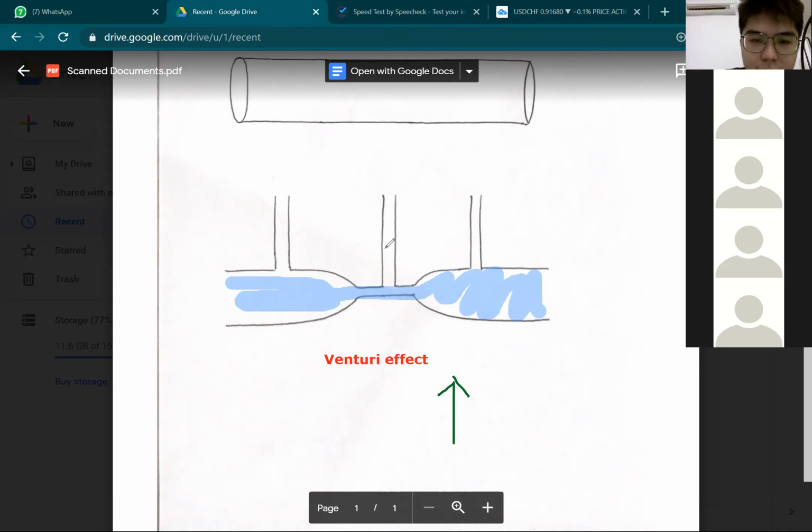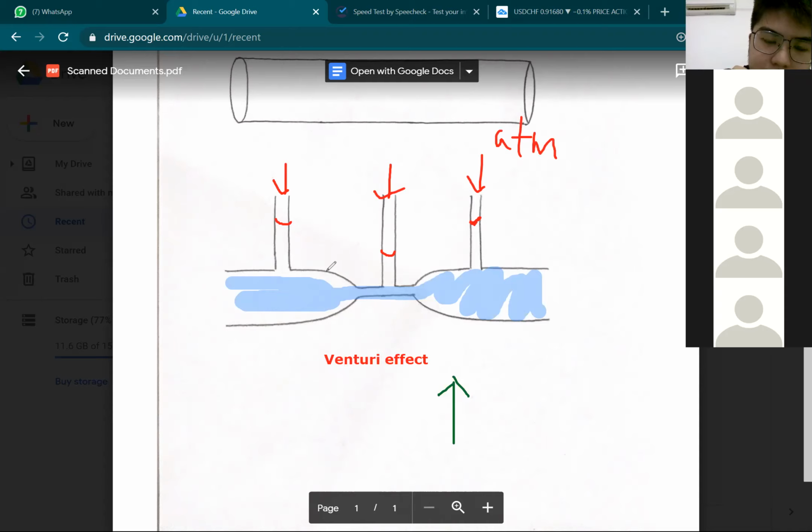So at the middle, if you compare the water level, you will see that the water level is lower than at the left and at the right, like this. Why? Because there is atmospheric pressure pressing down here, and down here, right? ATM.